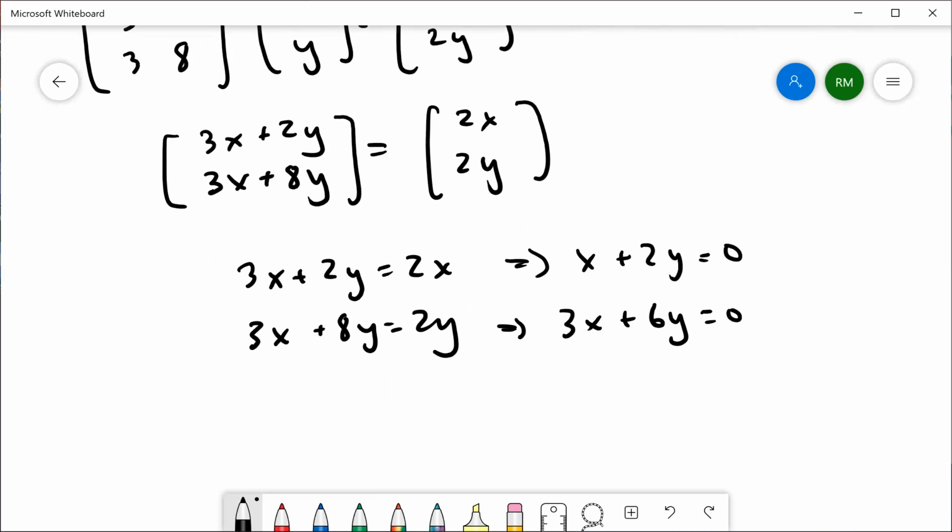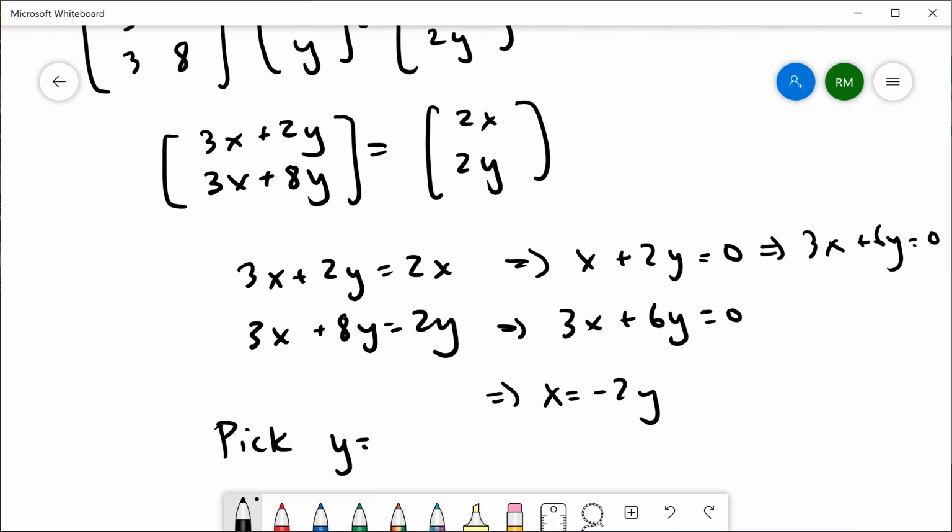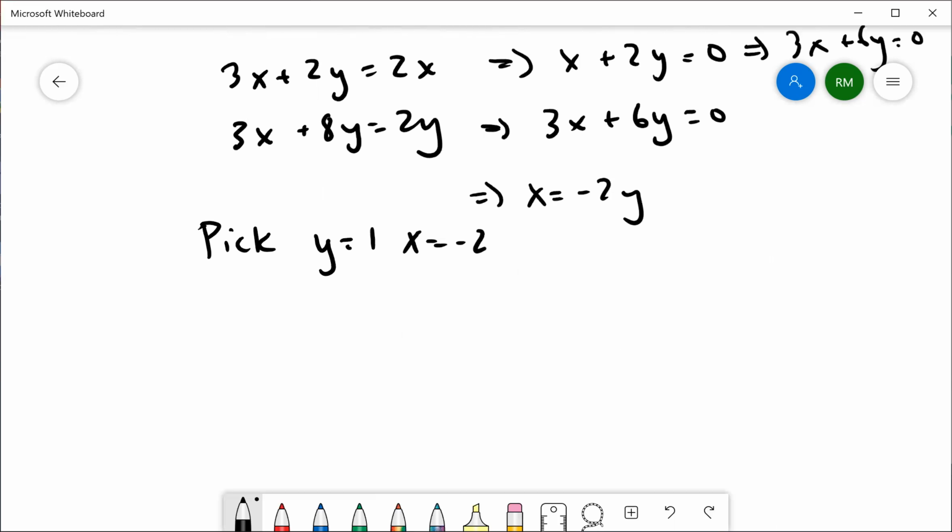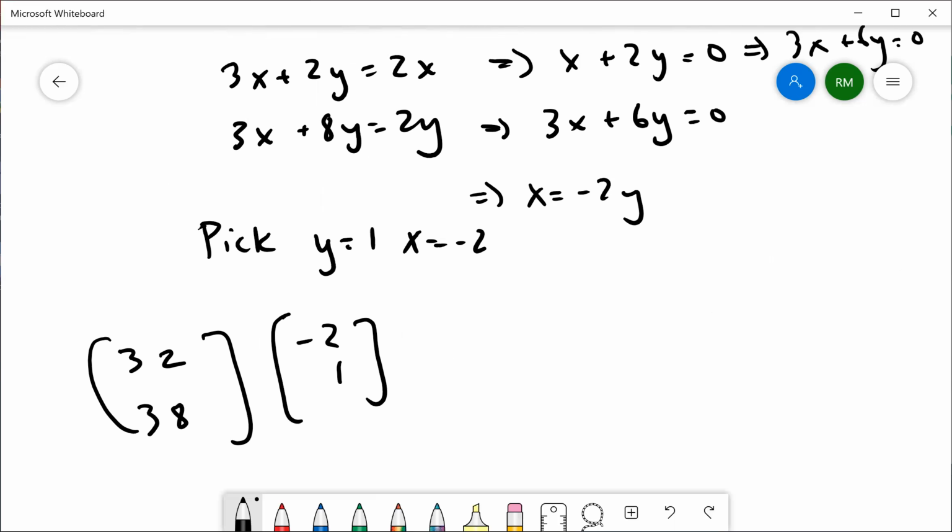Okay, so these are the same equations. So all we need to know is that x is -2y. So let's just pick y is 1 and x is -2 and see what happens. So that would mean our vector was this vector right here. Our matrix was this.